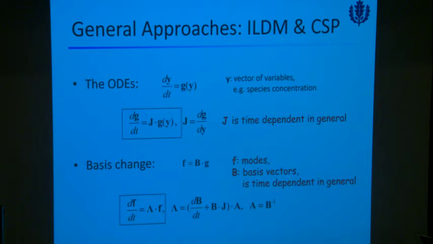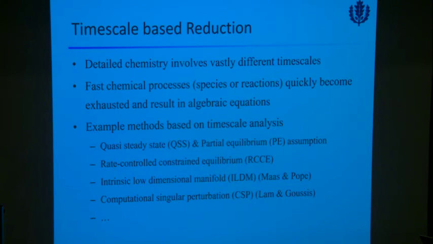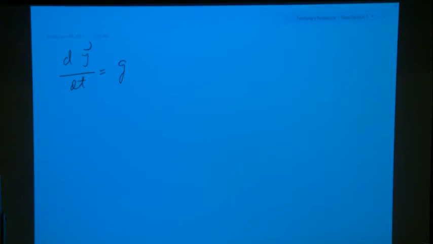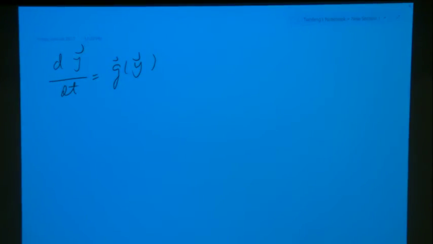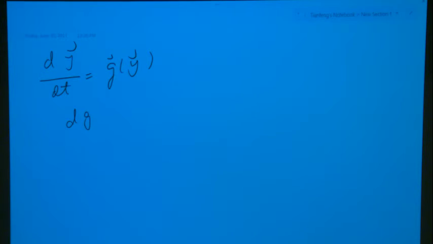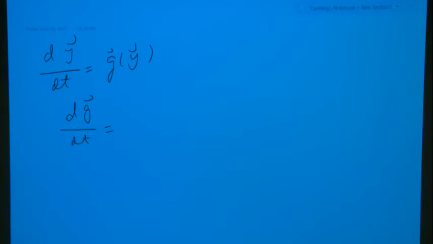If you have questions, just let me know. Let me write it because it's key. dY/dt is G, right? If you take the chain rule, dG/dt is equal to dG/dY times dY/dt.